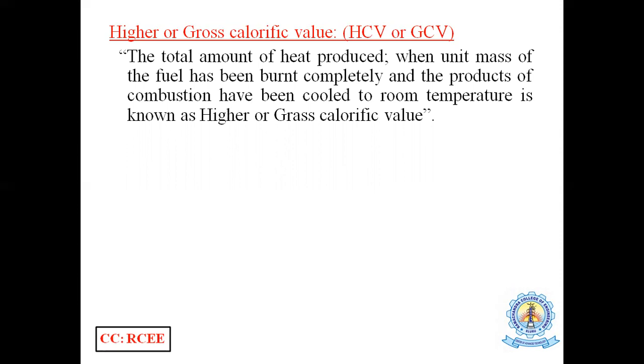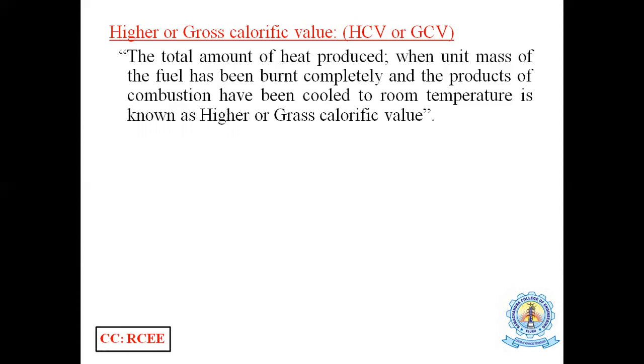So what are the products that are formed when you burn a known amount, a unit mass, of fuel? You know very well, when a fuel is burned with the supply of oxygen, it forms carbon dioxide, right? Why?